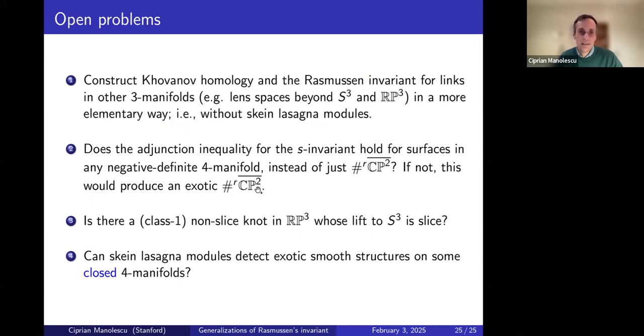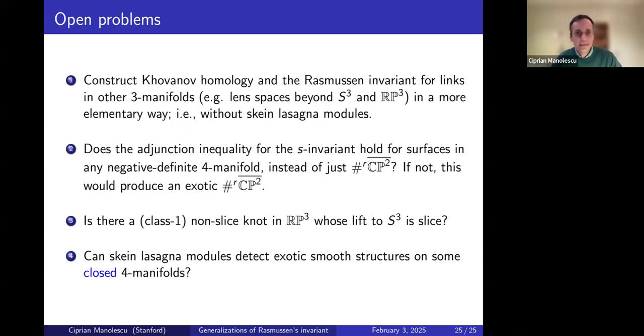But okay, with Lisa Piccirillo, we tried this for some examples, but in the end, it didn't work. I mean, it could be that the S invariant satisfies the same inequality in the exotic CP2 bars as well, or in fact, it could be that such exotic things just don't exist, but that's still something worth trying.